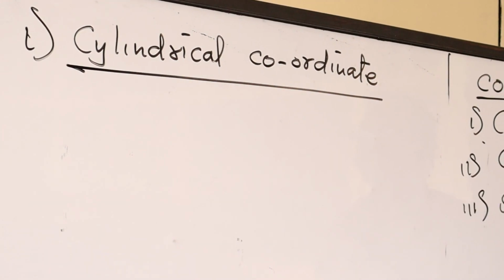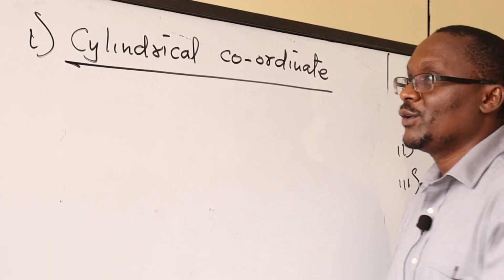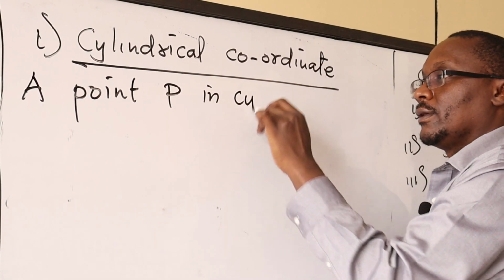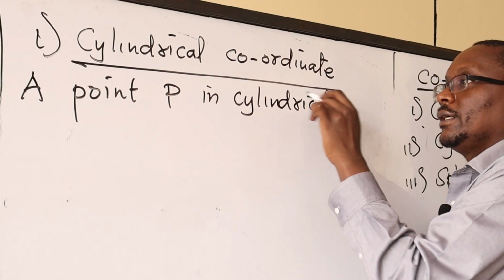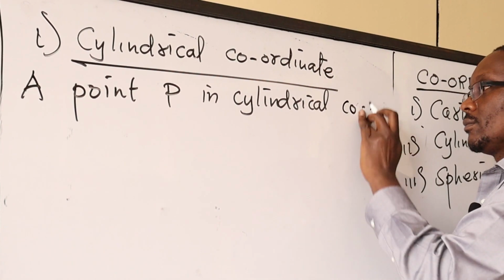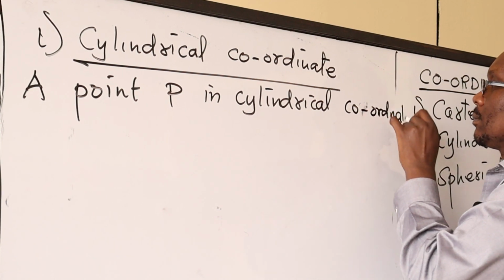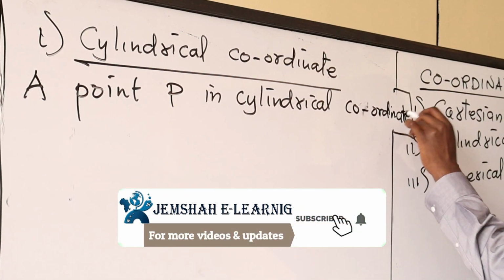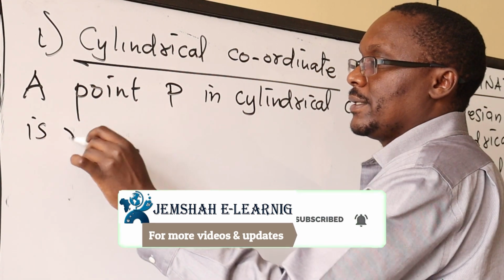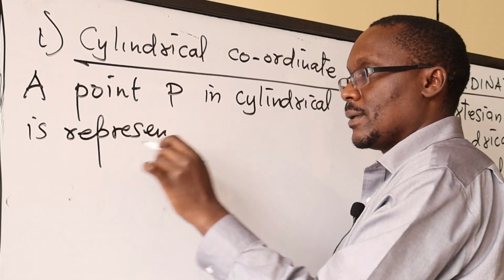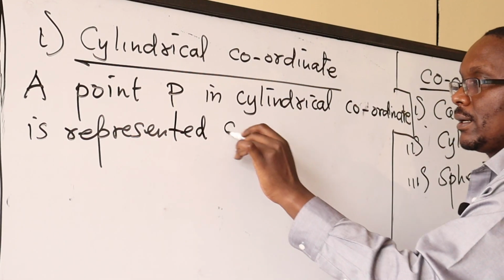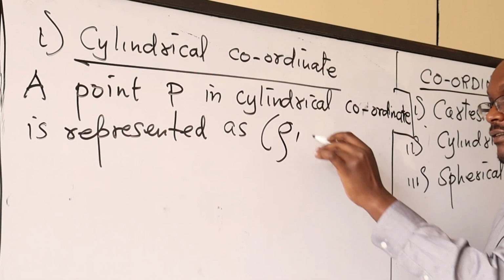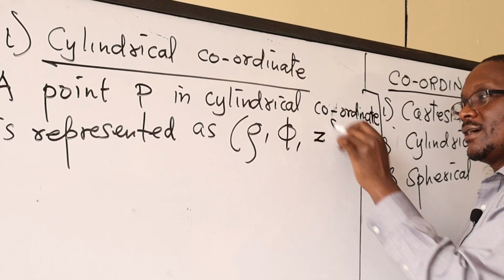So a point P in cylindrical coordinates is represented as, now this is not P but rho, comma, phi and z.